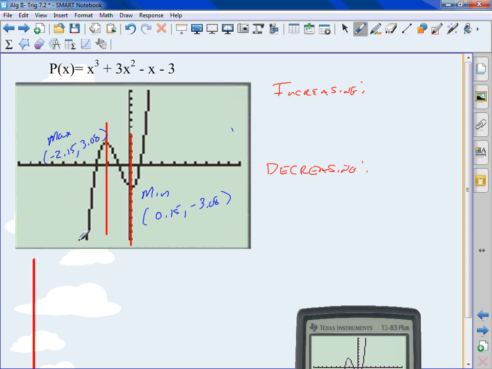The graph starts down here. How far do I go? Forever. So it's increasing from negative infinity to, when does it stop increasing?